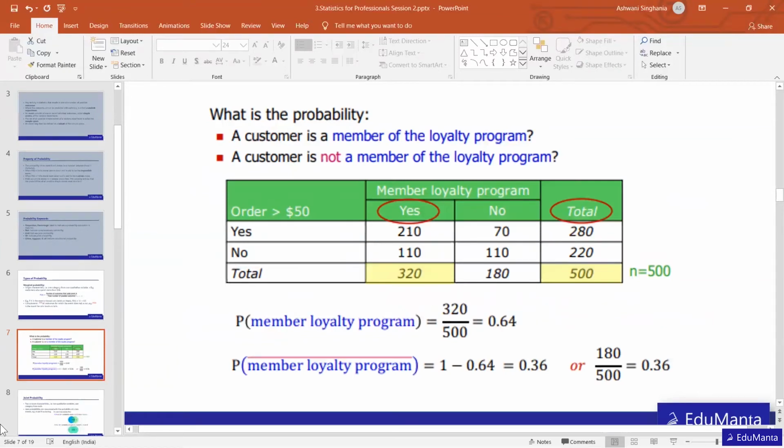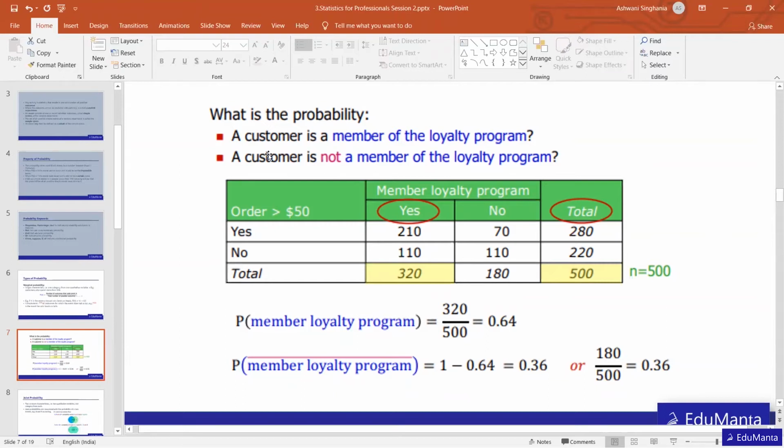So here I have a table which we will follow to understand these different kinds of probability. Let me explain this table. This table contains some data about the customers who might be visiting a shopping mall. In that supermarket, there are some loyalty programs in which people are enrolled.